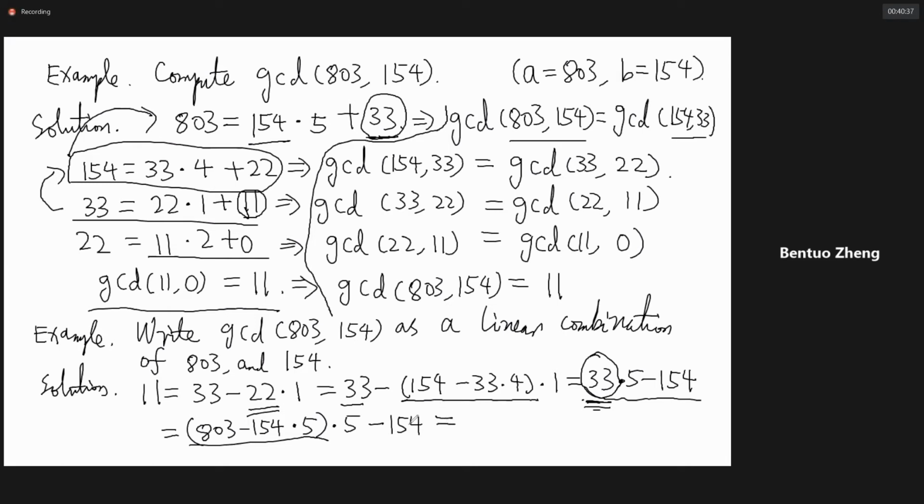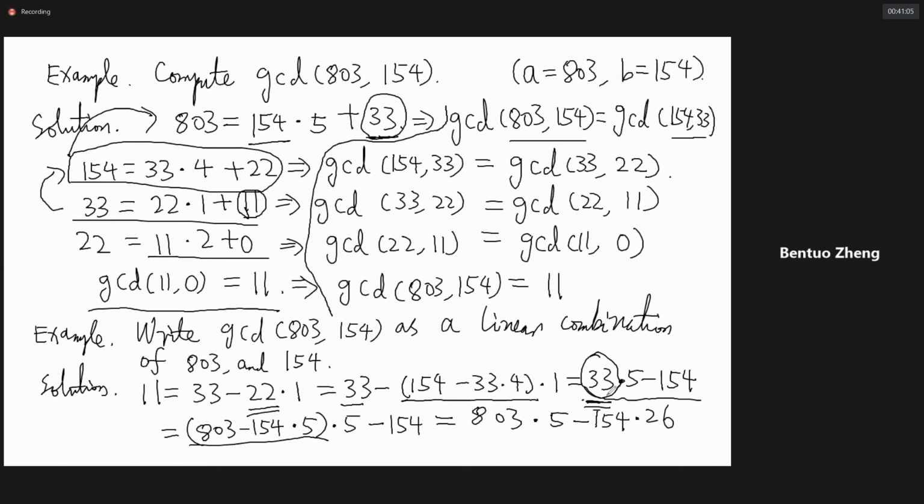Now you do one last computation. So this is 803 times 5. And if you look at negative 154, this is multiply 25 and minus 1. This is minus 154 times 26.